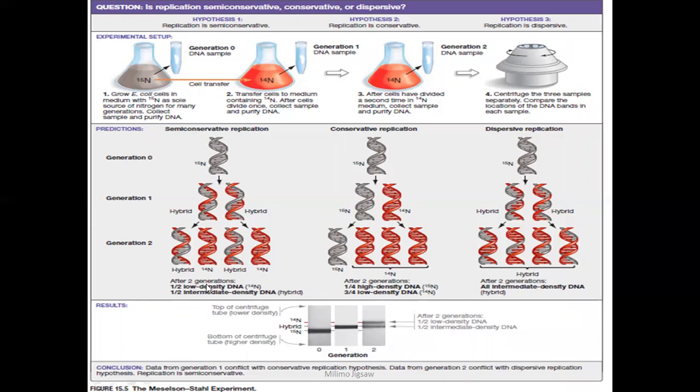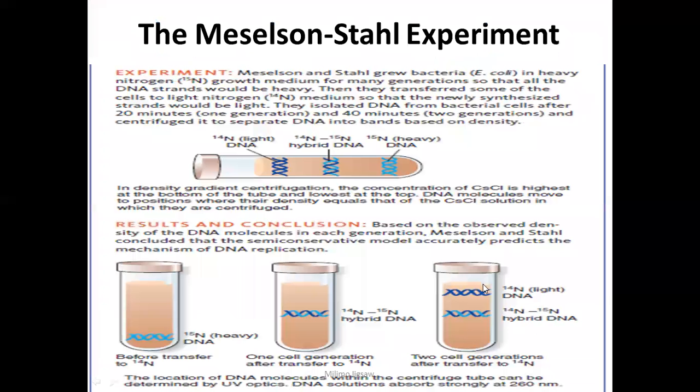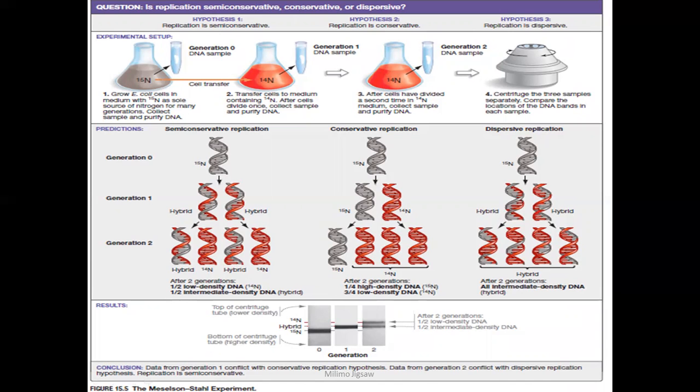So after 2 generations, there was 14N light DNA and a hybrid DNA. So that was 50%. So half were low density or light, containing 14N, and half were intermediate density. So it was a hybrid DNA that was produced after 2 generations in 14N.